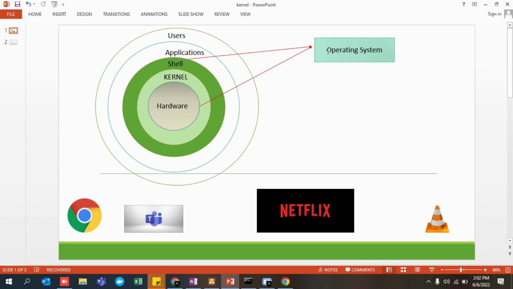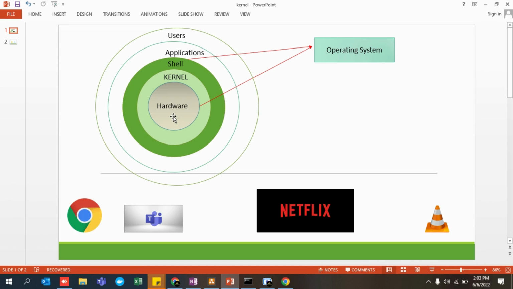And the operating system is further divided into two parts. The kernel is closely linked and attached with the hardware portion. It totally encapsulates it. Whatever is going on within your entire computer system is being handled by the kernel, right? If your kernel is not functioning, your system won't work properly. And if the user wants to type in via command line interpretation, then the shell is being used, right?